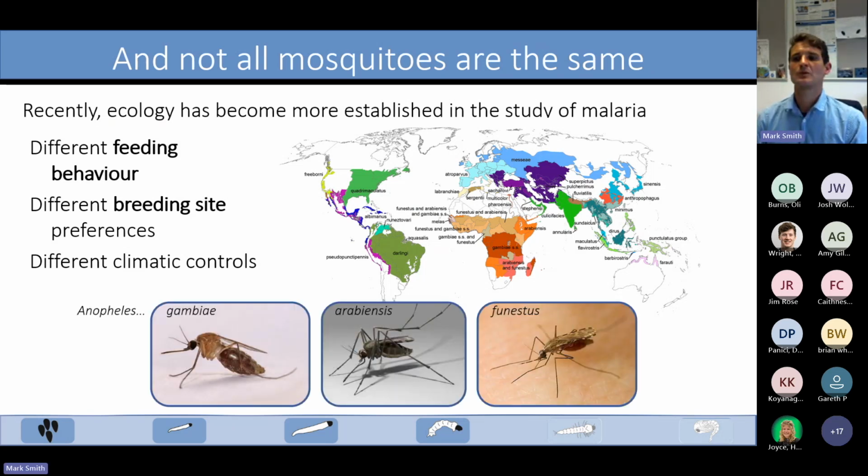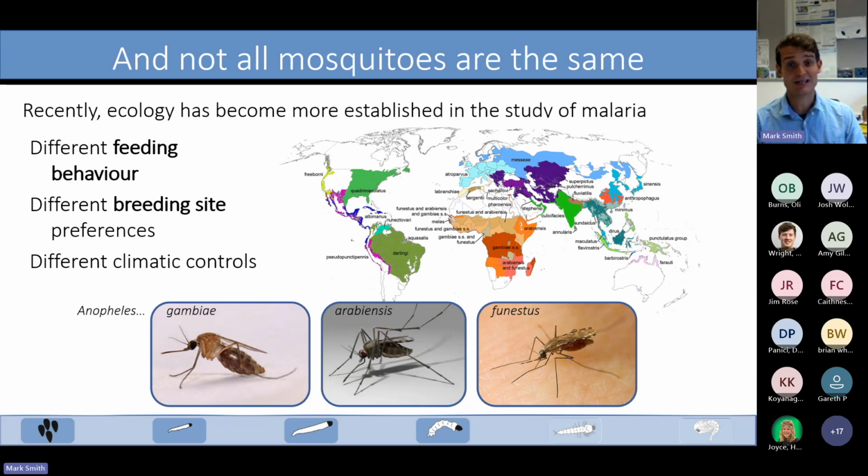Across Africa, though, we see that the main culprits that come up time and time again are Anopheles gambiae, Anopheles arabiensis, and Anopheles funestus. So gambiae love a small sunlit water body. It might be transient and in a peri-urban setting, and it likes to bite humans, very anthropophilic when it comes to biting. Whereas arabiensis prefers cattle, to be honest.